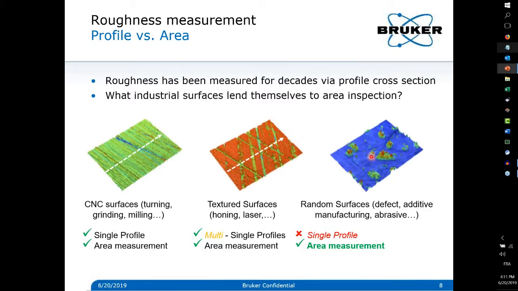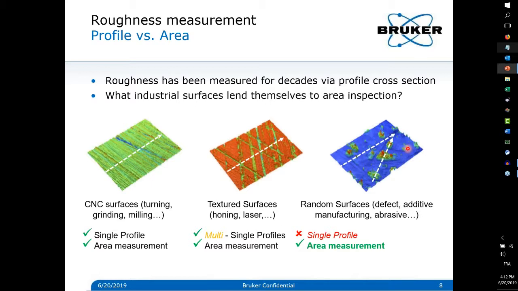The last type of surface is a random surface. It can be anything regarding additive manufacturing, where we have partially melted particles, for instance. It can be abrasive, like here, where you have a flat surface and a pit point to scratch the surface. Then in that case, a single profile can see a very flat surface or can see a very rough surface.